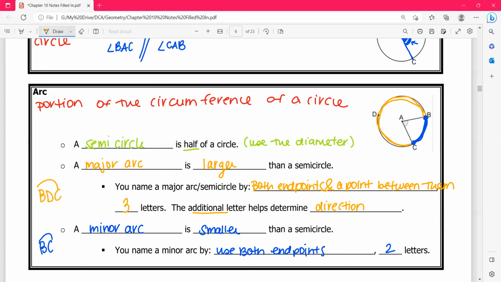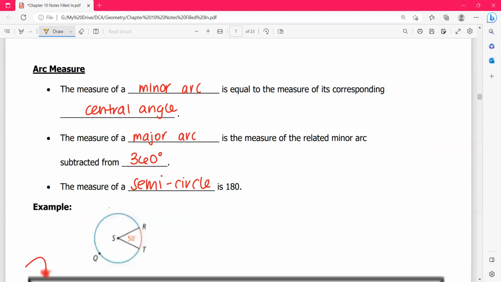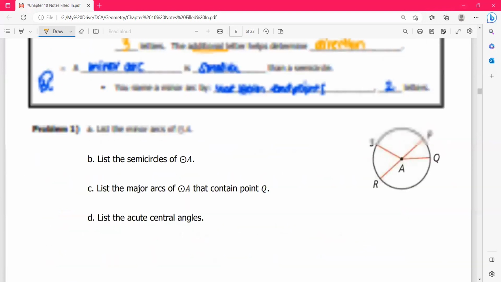So see how it needs to tell the direction. It needs to have it go this way, or the direction doesn't matter, but it needs to hit through that D point so I know I'm talking about this portion of the circumference instead of the little one. 2 letters, minor arc, 3 letters, major arc or a semicircle. Okay, let's keep going here.